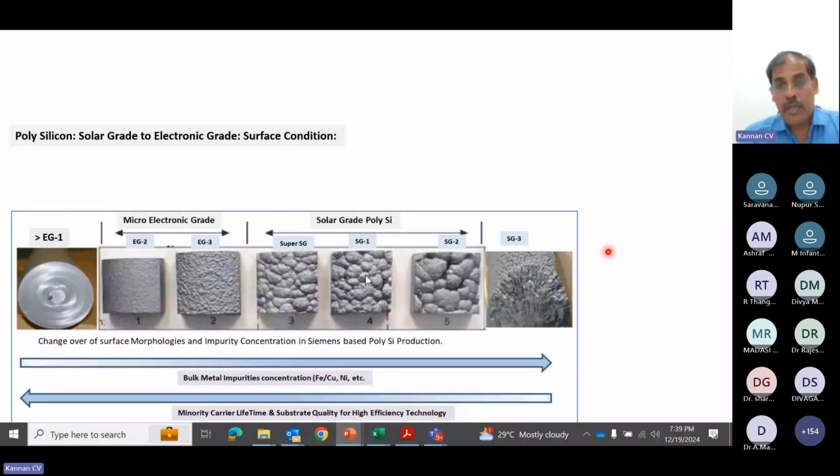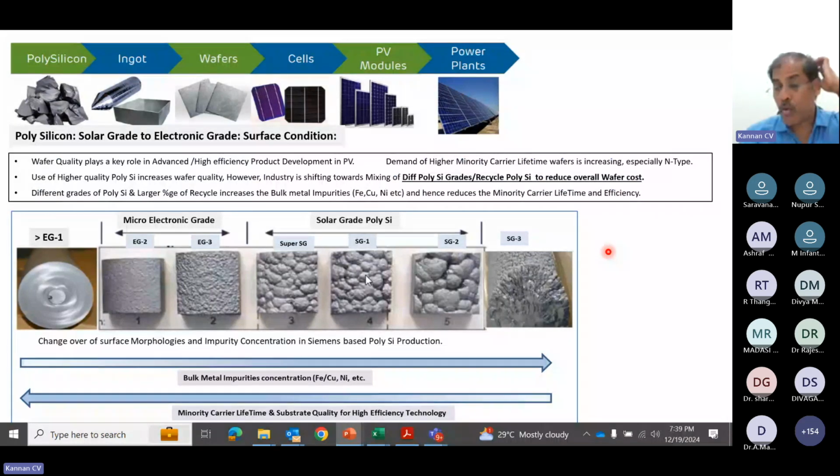This slide shows that, based on the growth process, as I said, the purity of the polysilicon also changes. Though you are using the same Siemens-based process, by changing the process conditions and growth speed, you can change the quality. But for solar manufacturing, a few years before, 2 to 3 years ago, the quality of polysilicon needed for semiconductor applications and for solar applications was completely different.